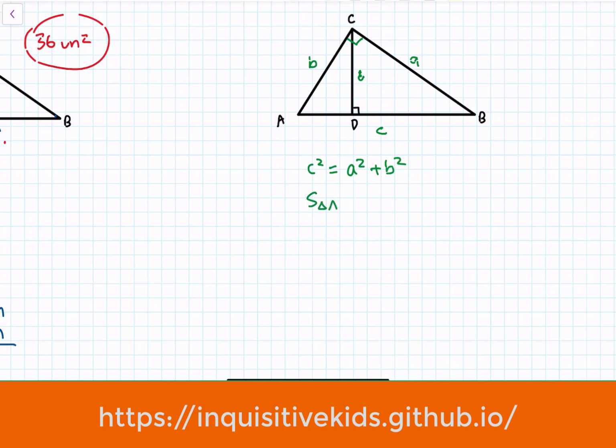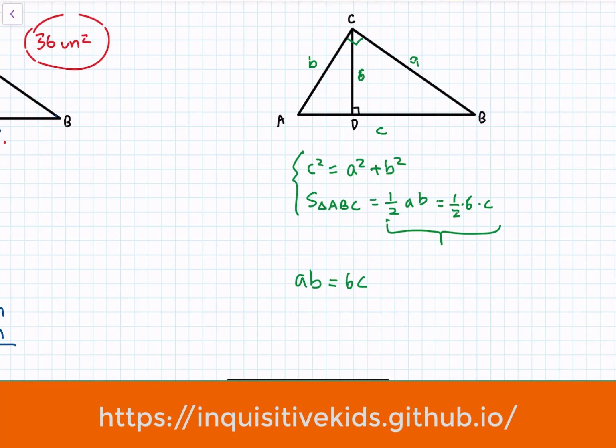The area of triangle ABC, which is what we're trying to find, can be represented as 1/2 times A times B. Or it can also be represented as 1/2 times 6 times C. When we just look at this side of the equation, we can see that AB is equal to 6C.